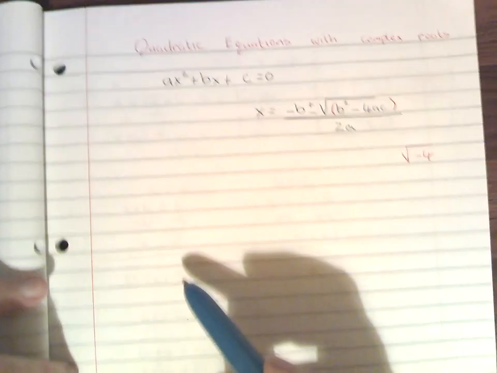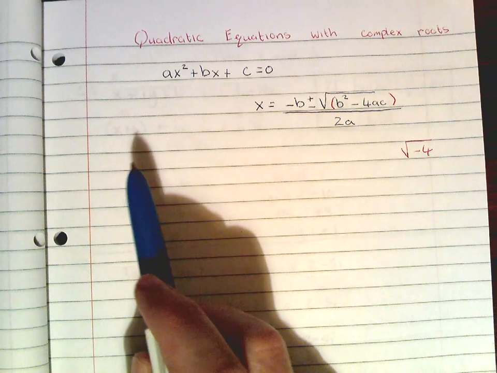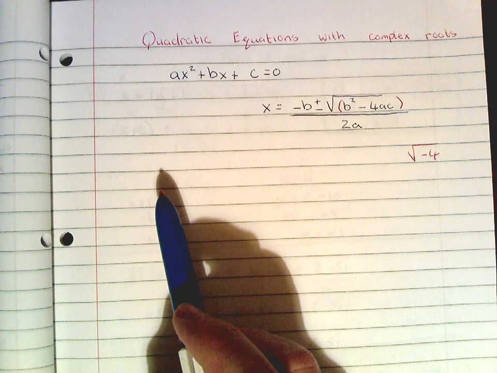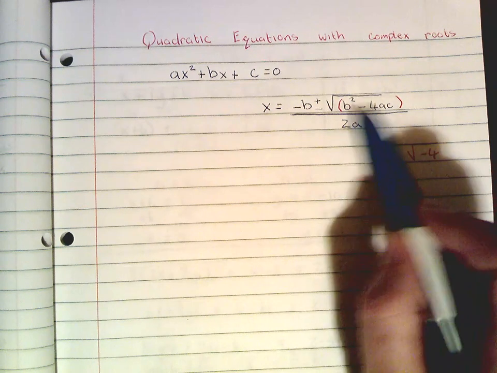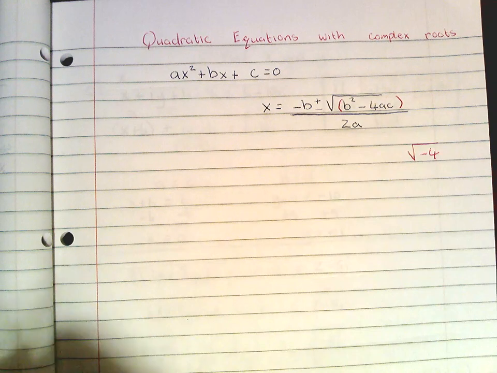So we can use the quadratic formula to get the roots of a quadratic where this part is going to work out to be negative. Let's have a look at an example.